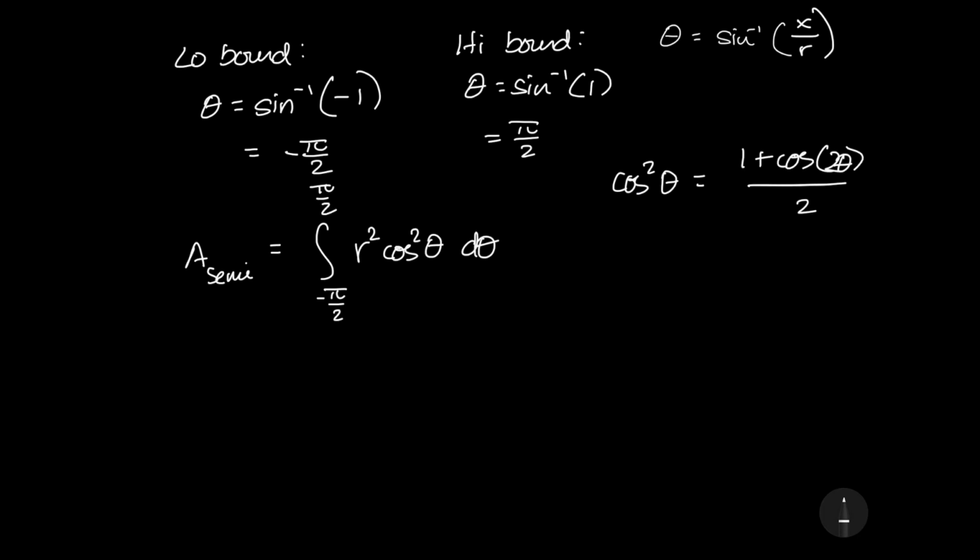The first thing I'm going to do is pull the r squared out, because r is just a constant. R is just the radius of a circle. That doesn't change. So r squared multiplied by the integral from negative pi over 2 to pi over 2. Cosine squared theta is 1 plus cosine 2 theta over 2 d theta.